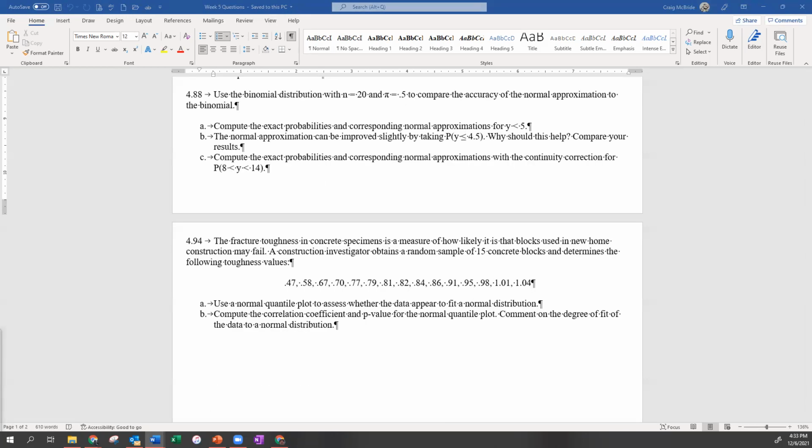For this one, it should be n is 20, p is 0.5, and if we're doing the binomial, x should be 4. You should do a CDF of 4, because if you want to be strictly less than 5, you're only adding from 0 up through 4. Got it. That's what I was doing wrong.